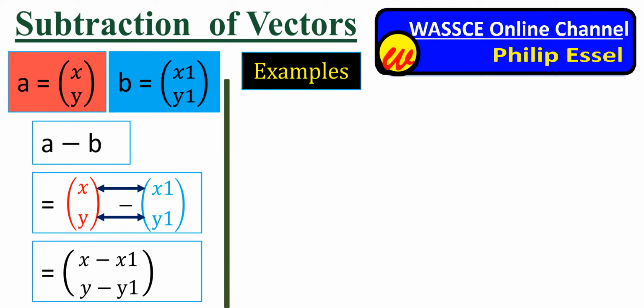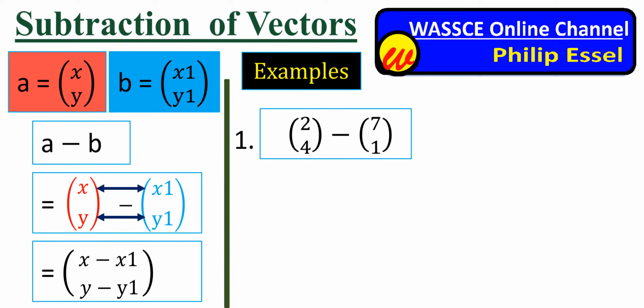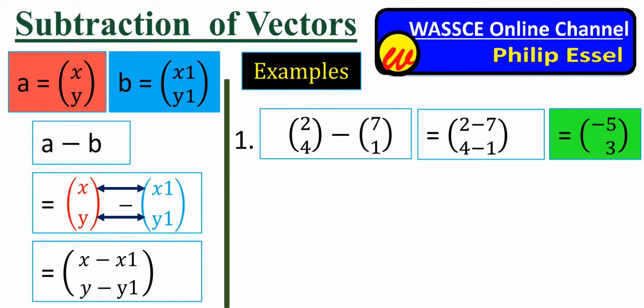Let's look at examples. Example 1. We have the vector 2, 4 minus the vector 7, 1. As usual, we would subtract first the x component, then we would subtract the y component. So we have 2 minus 7, that will give us negative 5, and we have 4 minus 1, that would give us 3.